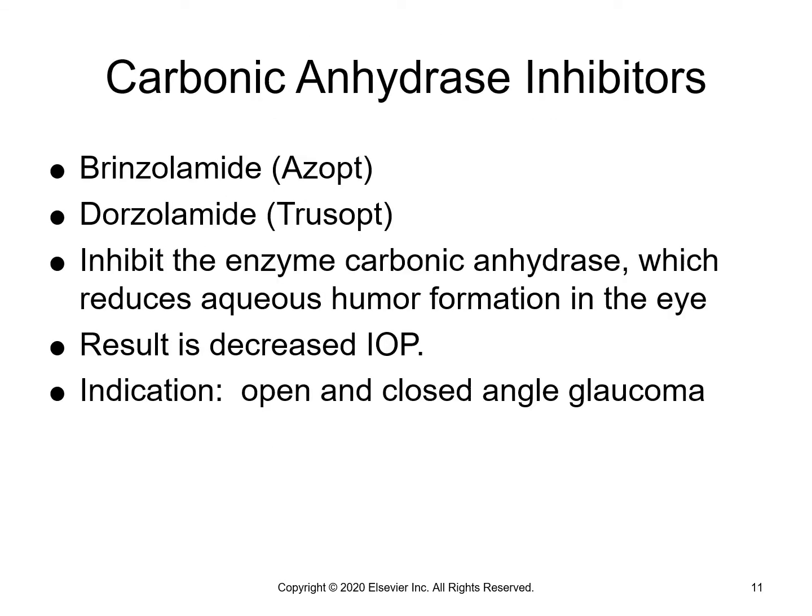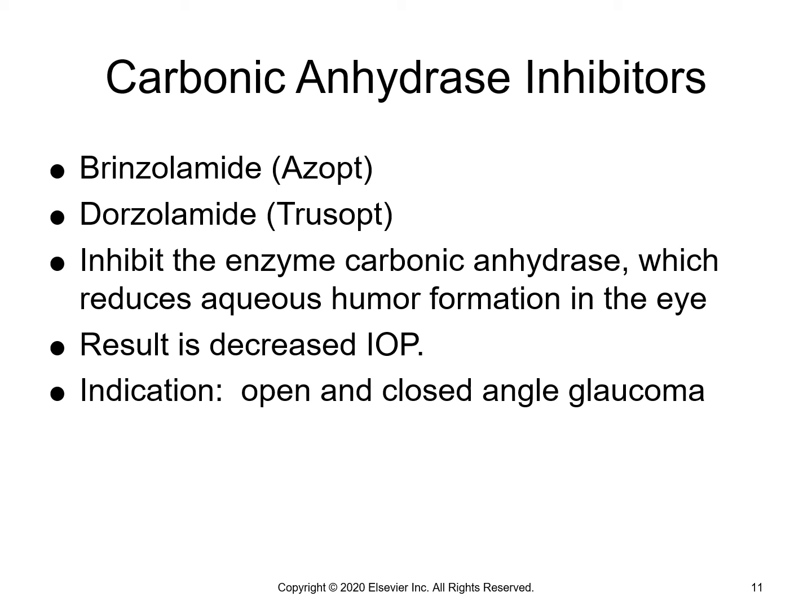So the carbonic anhydrase inhibitors, these should sound familiar. They are one of the diuretics that we discussed. And I know I really didn't go into detail, mentioning that I would cover the carbonic anhydrase inhibitors in more detail when we covered glaucoma. So this class of medications inhibits the enzyme carbonic anhydrase, which reduces aqueous humor formation in the eye.